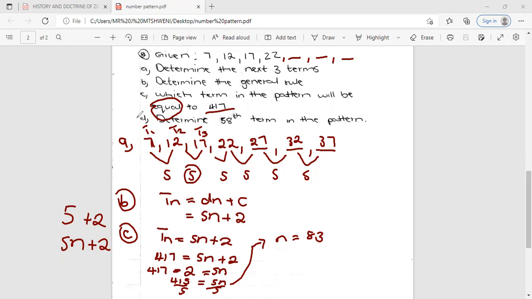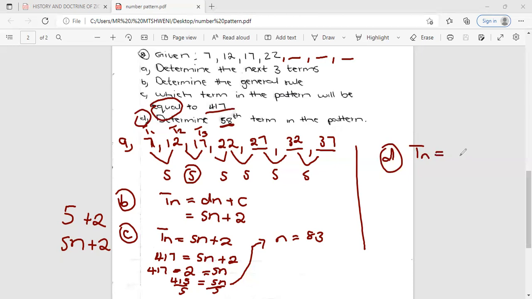So we come to the last question, which is D. Determine the 58th term in the pattern. Now let's determine term number 58 in the pattern.